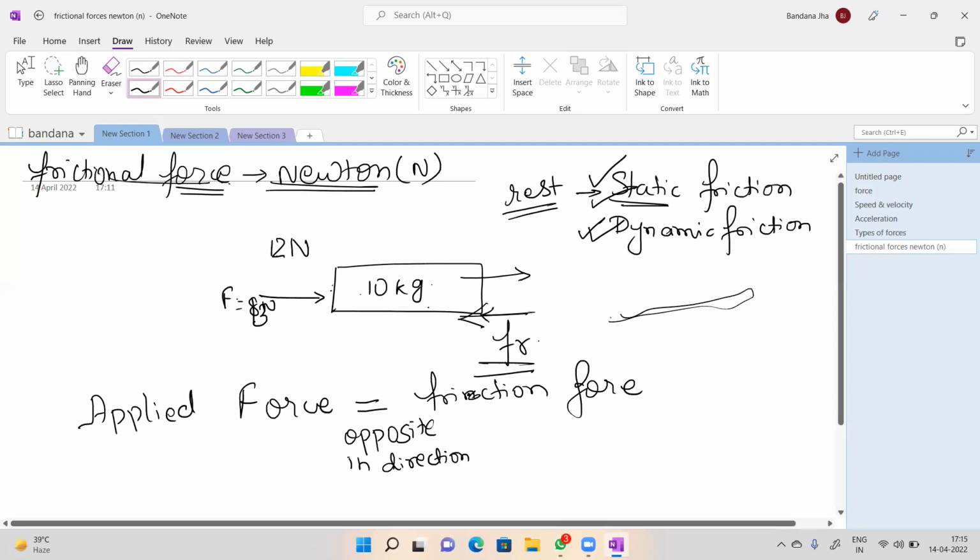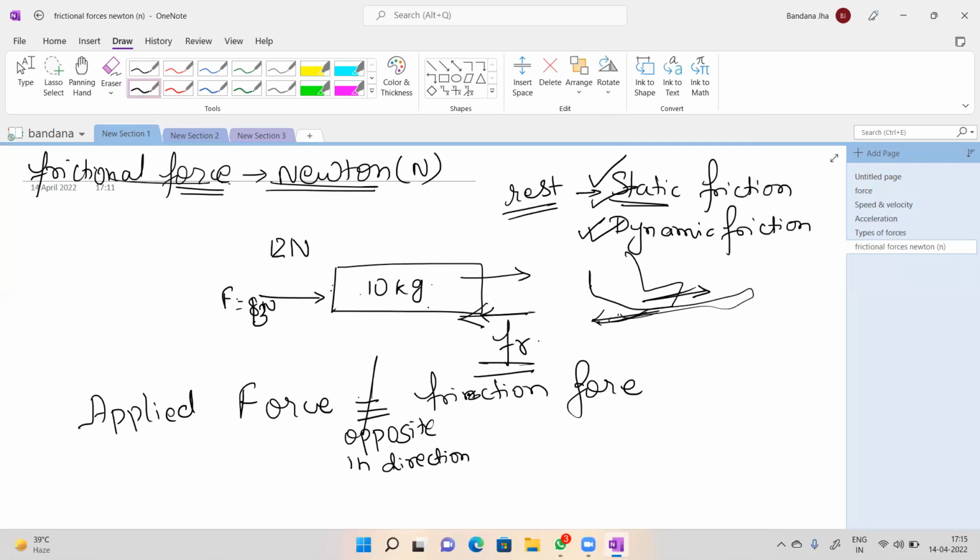If there is a banana peel and you are walking, what will happen? You slip because your applied force is in this direction and the banana peel is a frictionless surface, so there is no friction. If there is no friction, then automatically we slip down. It means these two forces are not the same. The two forces are opposite, but they are not equal. If they are not equal, the body falls down. Understood, beta?